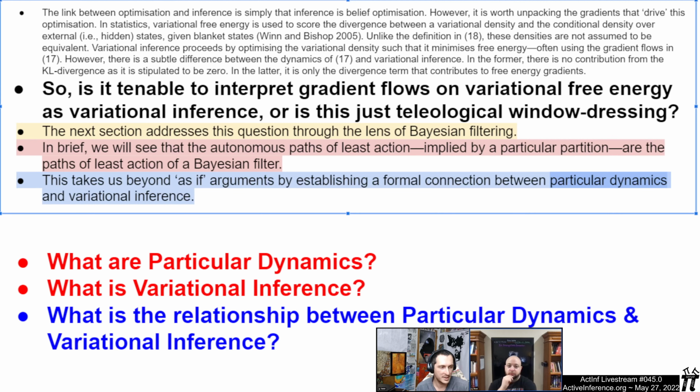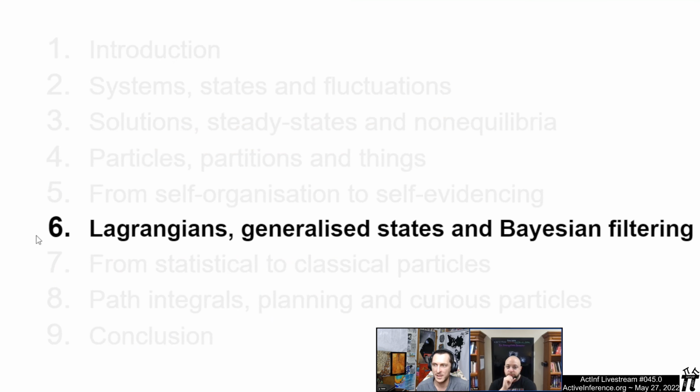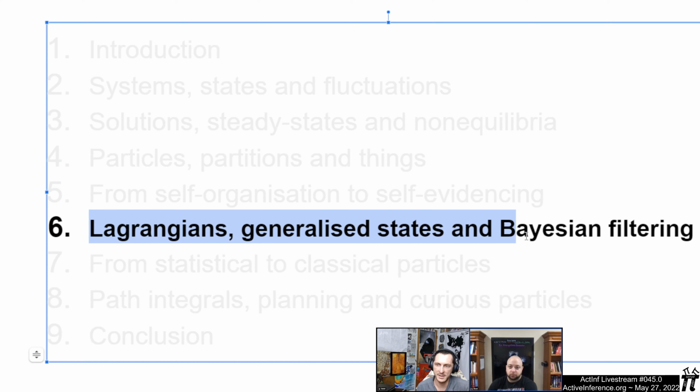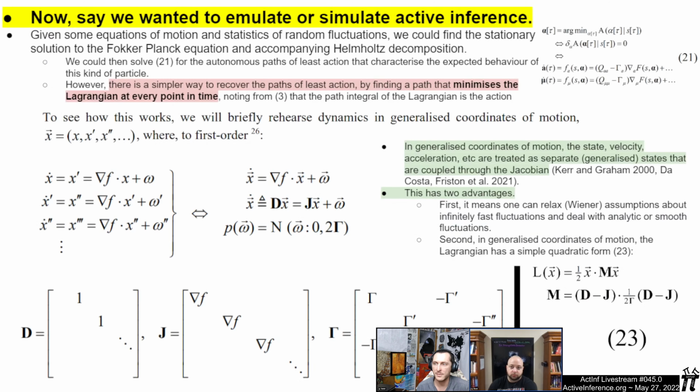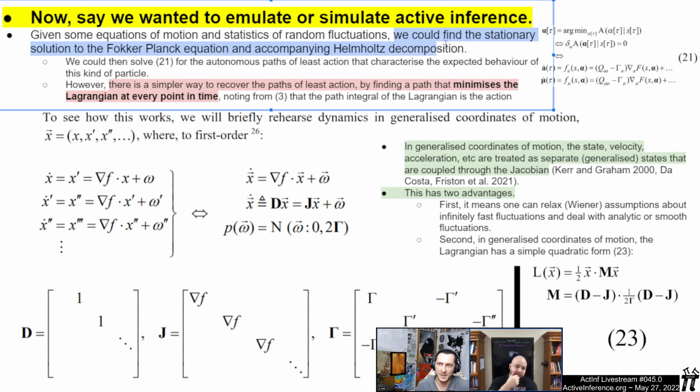Okay, continuing on. 6, Lagrangians, generalized states, and Bayesian filtering. Now, say we wanted to emulate or simulate active inference. What if that were the case? We could find the stationary solution to the Fokker-Planck equation and the accompanying Helmholtz decomposition.